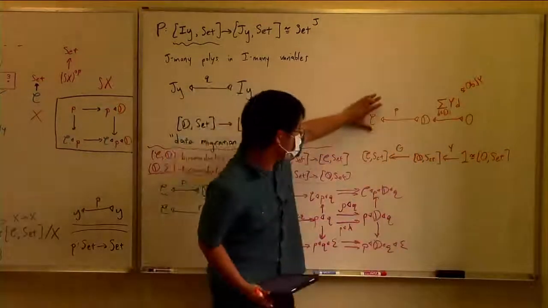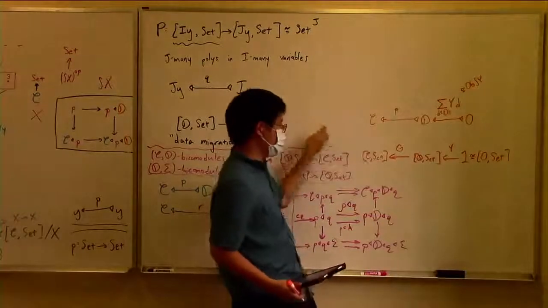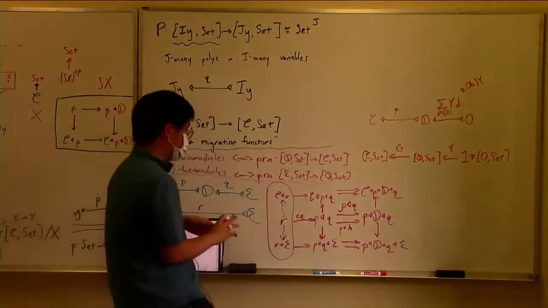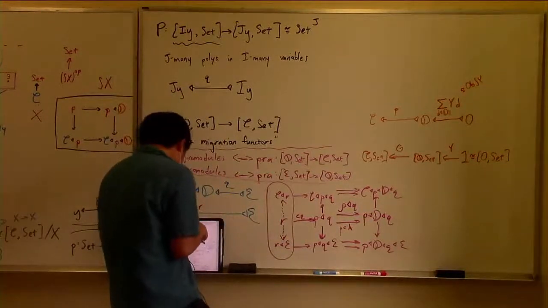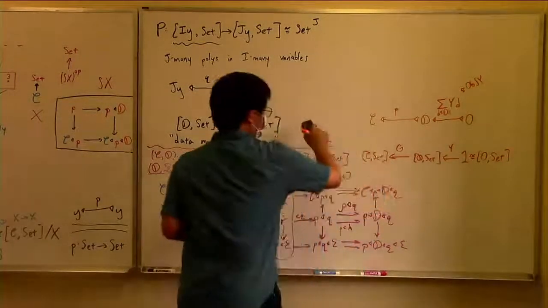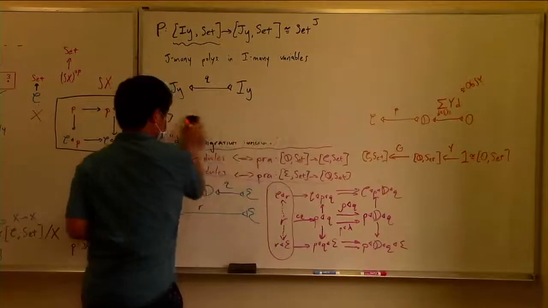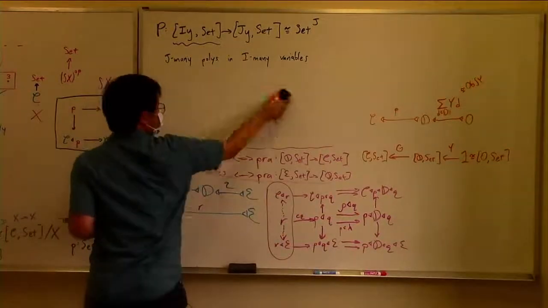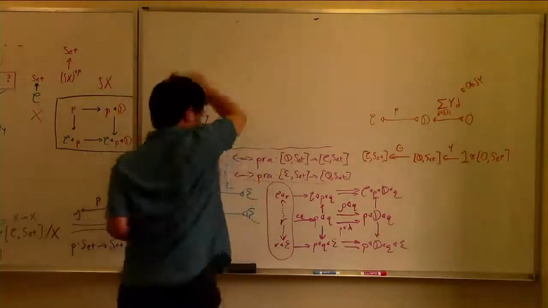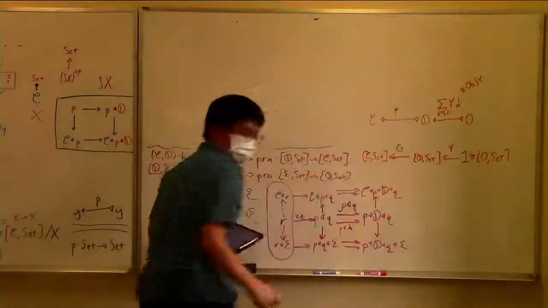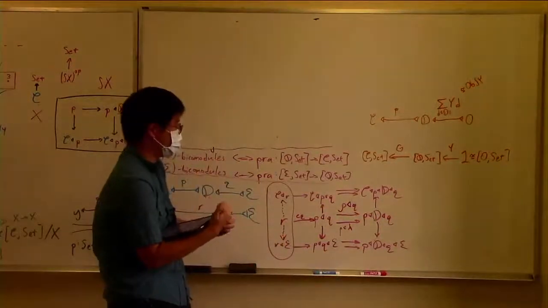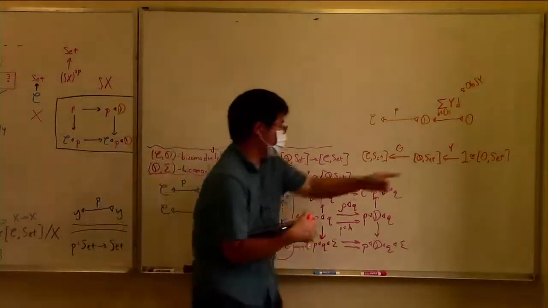Remember, we got from bicomodules to these parametric right adjoints by way of these pro-functors. And so we already were pretty familiar with how to get a pro-functor from a bicomodule. And so let's take a look at how, explicitly, from a bicomodule, we can give a formula for this particular parametric right adjoint evaluated at y.